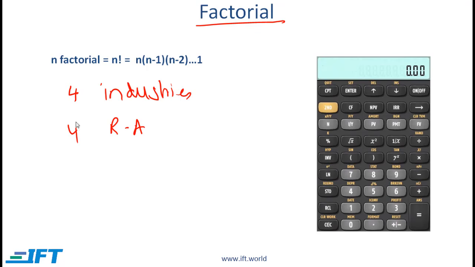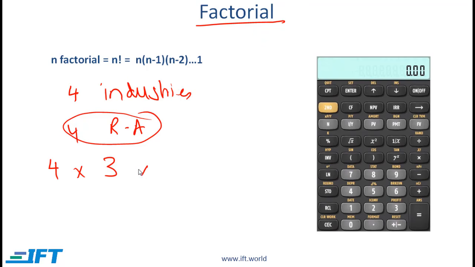In how many ways can you assign the first research analyst? The answer is you can assign him to one of 4 industries, so you can assign him in 4 possible ways. Once the first analyst is assigned, the second analyst can be assigned to one of 3 possible industries. So you can do that 3 different ways.